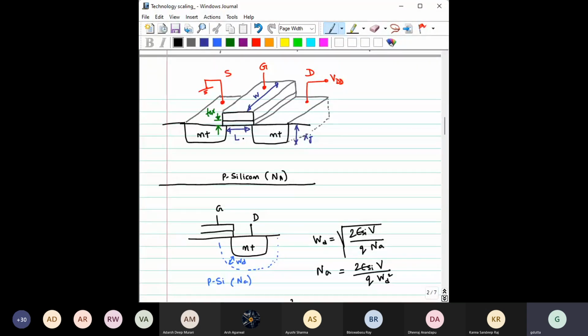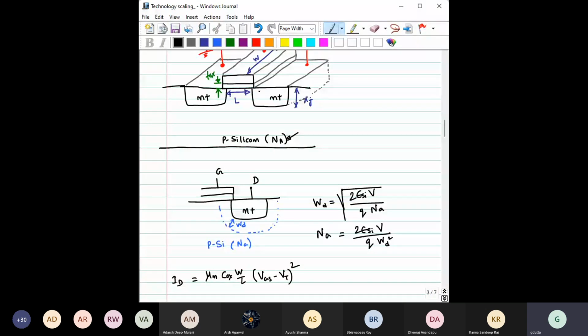Now what we are saying is that we have reduced L to L by S, width to W by S, VDD to VDD by S. Then what would be the doping concentration for the new device? See, this is a PN junction, and a PN junction also has some depletion width, right?